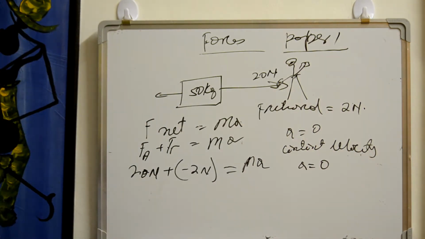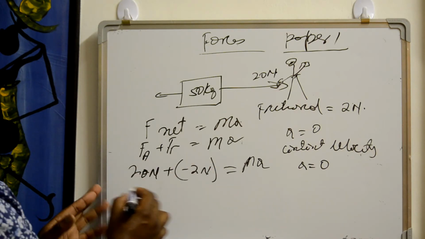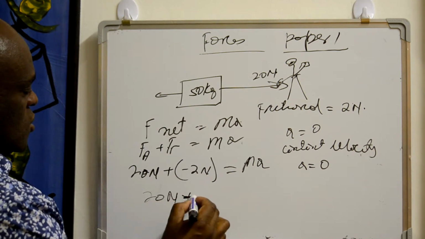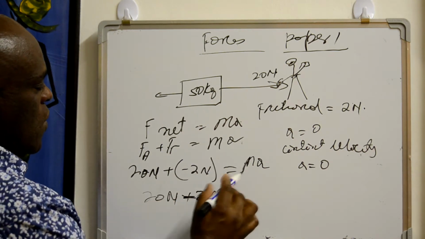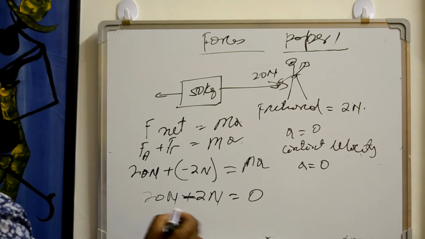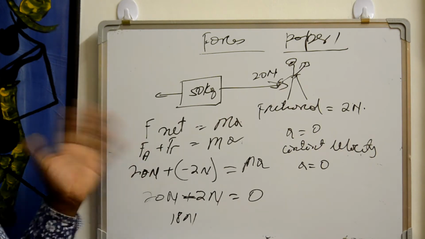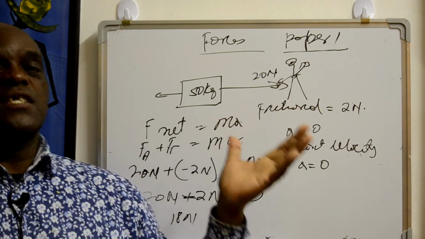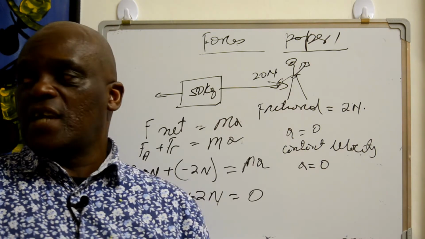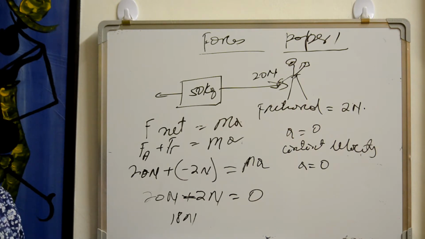Then that's how you relate all these things: 20 Newton minus 2 Newton is equal to mass times acceleration, then you get 0 here. Then that's 18 Newtons, which is the direct impact of the force. I was just giving the example.